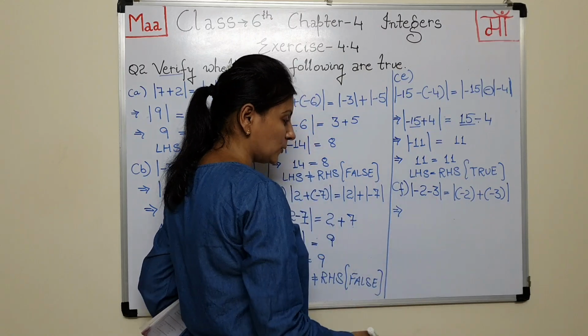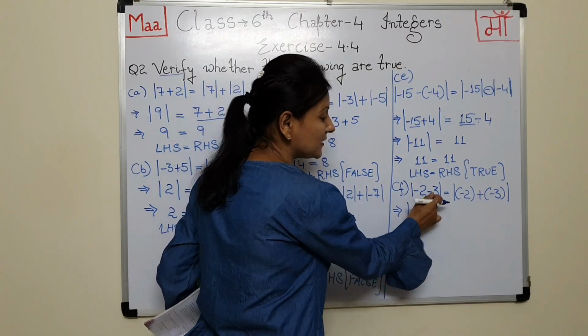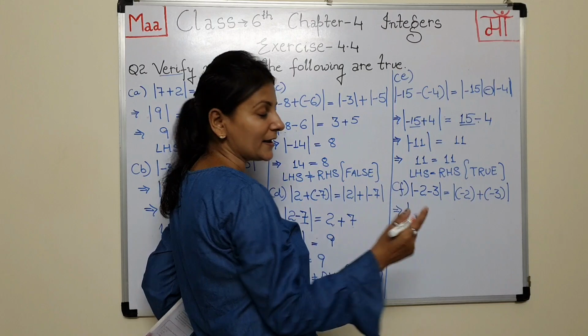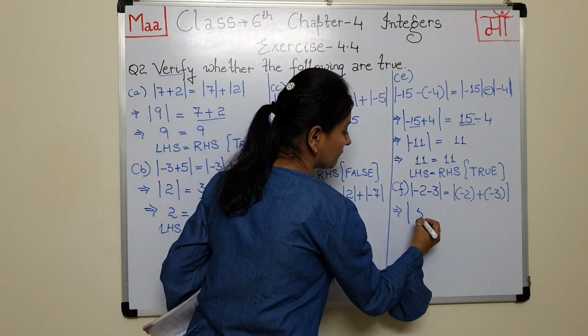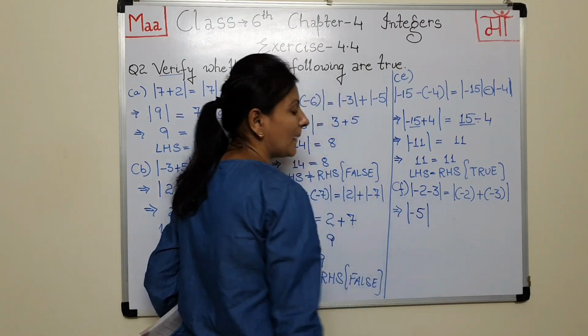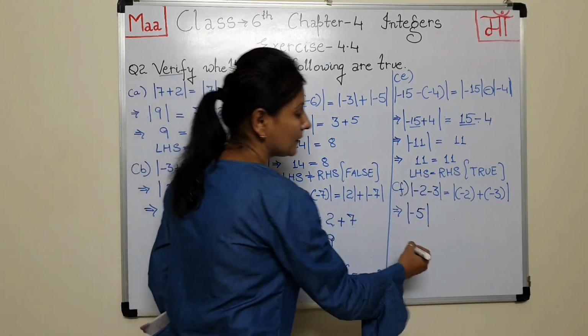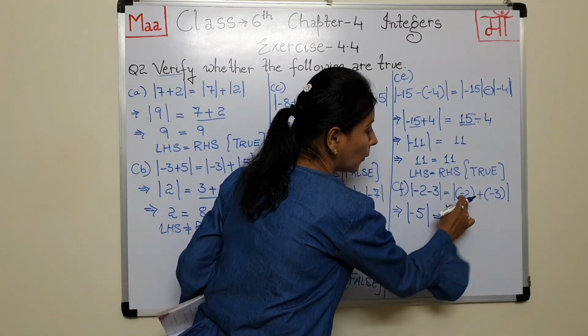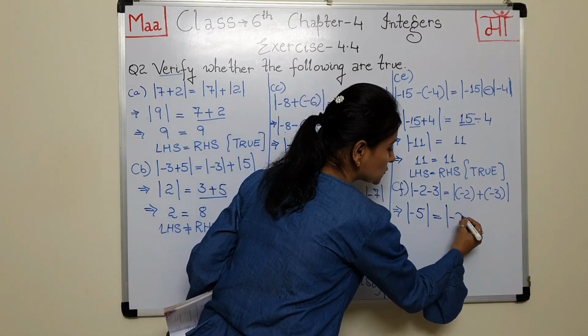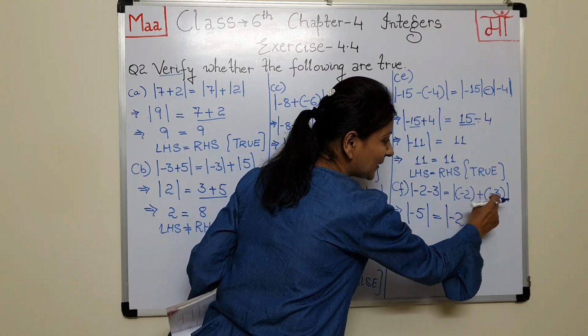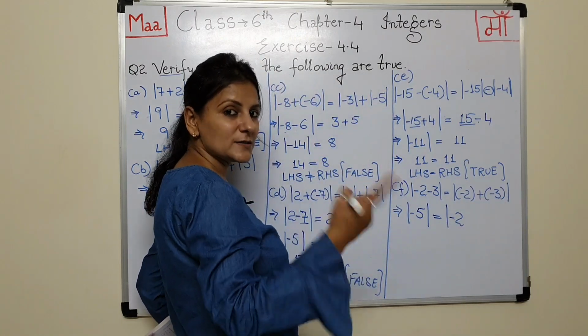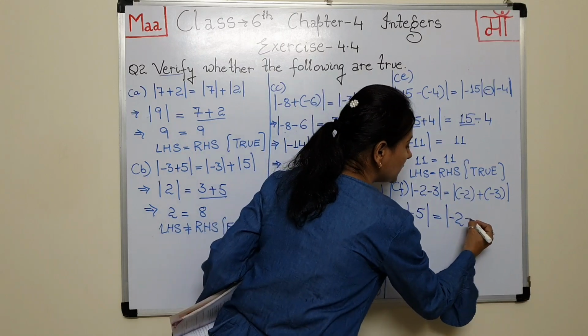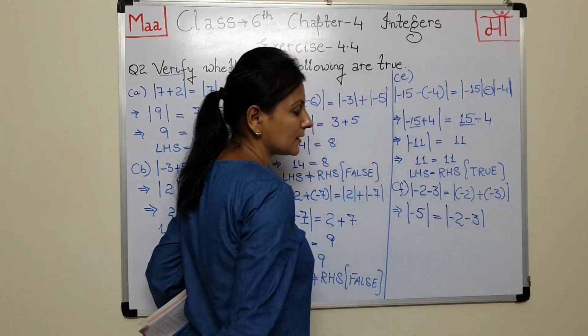Inside the bar, firstly you will do the solution. Minus minus is plus but sign minus. So 2 plus 3 will give you 5, but the sign of minus will come here. And other side, when you will open the bracket firstly, so minus 2 will come here, plus outside the bracket, minus inside the bracket. So plus minus minus and 3 will come. So minus 3 will come there.